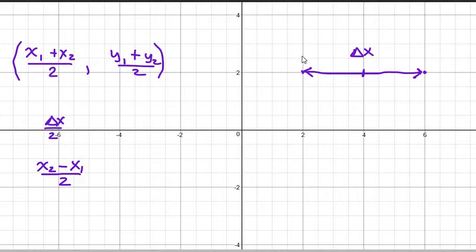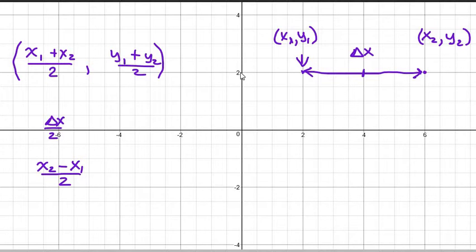So this point right here, we're going to let be our x1 and y1. We'll let this point right here be our x2 and our y2. So this is x2 minus x1 divided by 2. That gives us this distance right here.